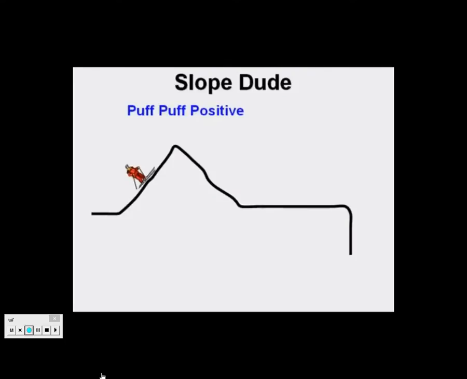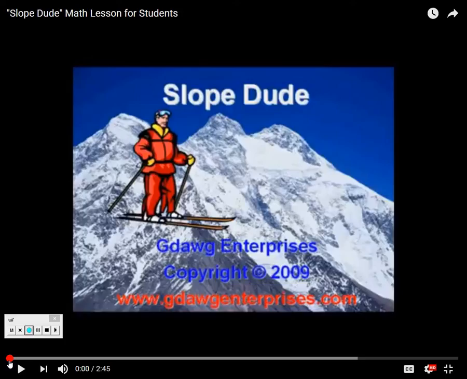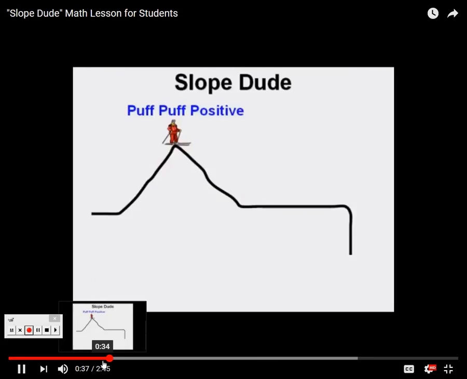Puff, puff, positive as he goes up the mountainside. Now he's at the top. He was puff, puff, positive all the way up the mountain. But now he can look forward to the downhill.